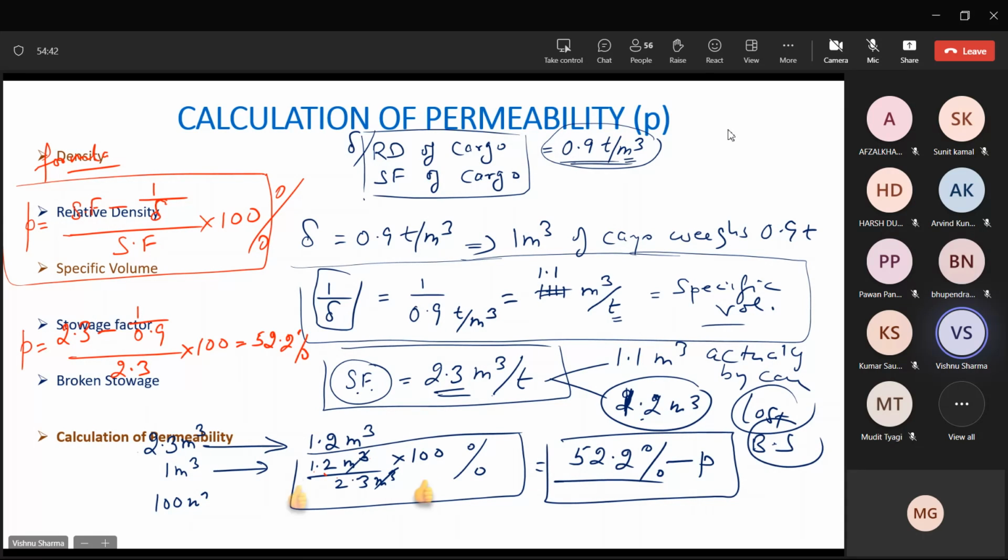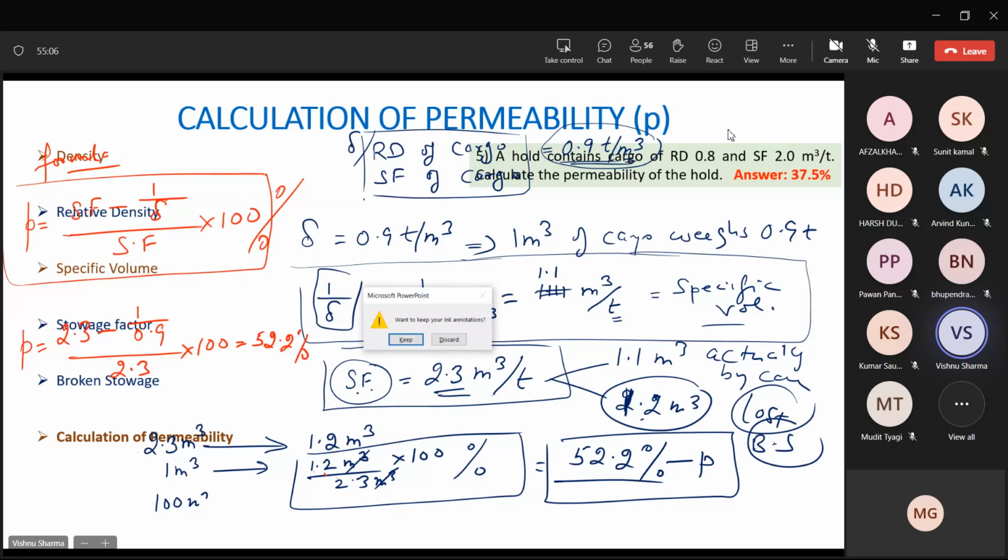Now, just for the sake of practice, would you like to calculate this? A hold contains cargo of RD 0.8, stowage factor 2, calculate the permeability. Just calculate on your calculators and see if you're getting 37.5%. Just practice this.